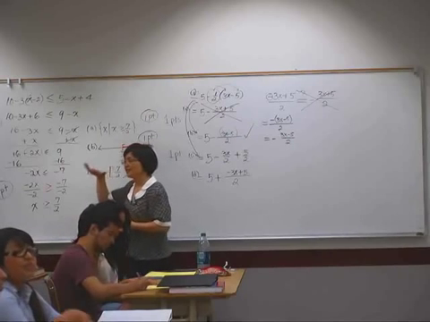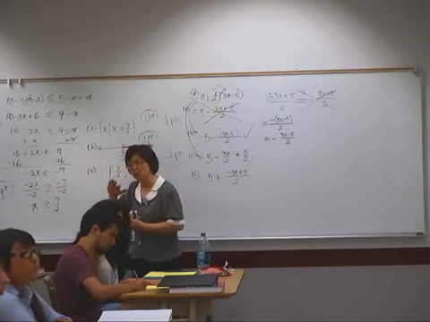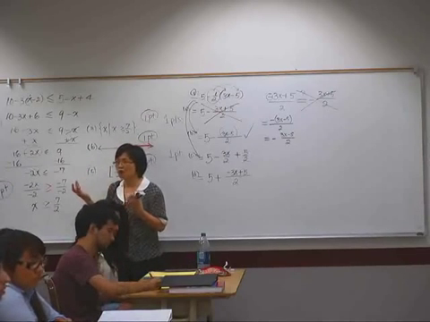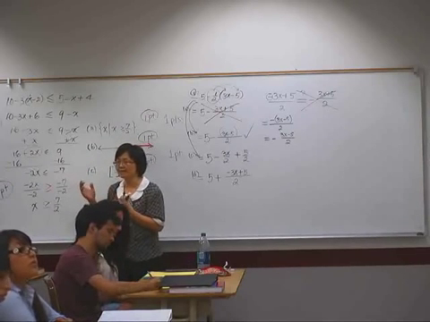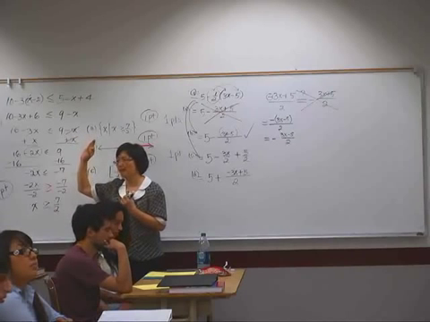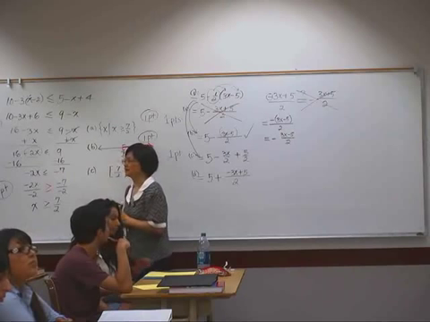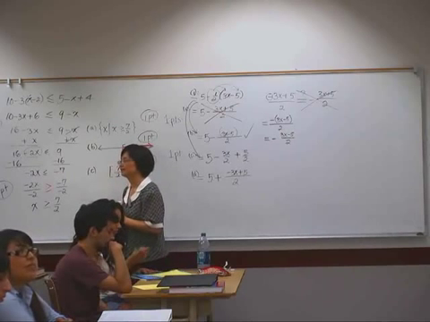I know that this is the first time that you go through this. I try to go slowly so that you will know what's going to be expected, okay? Any question? Number 1, he distributed it, but he added 4 over 3x.